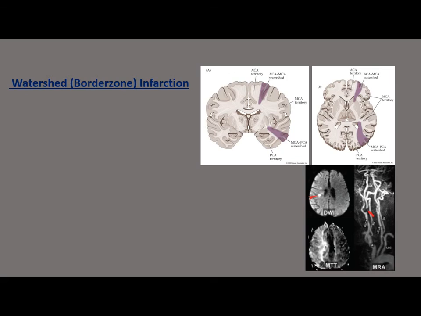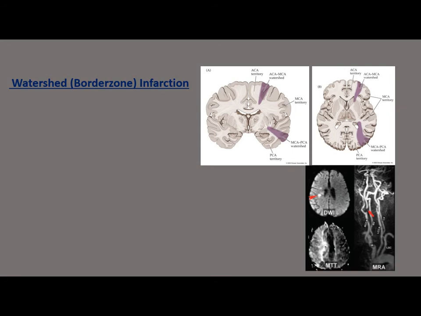You have watershed or border zone infarction. Then I would like to go quickly over this. This diagram represents the watershed areas between the branches of the two major arterial territories, for example, between the anterior cerebral artery and middle cerebral artery.